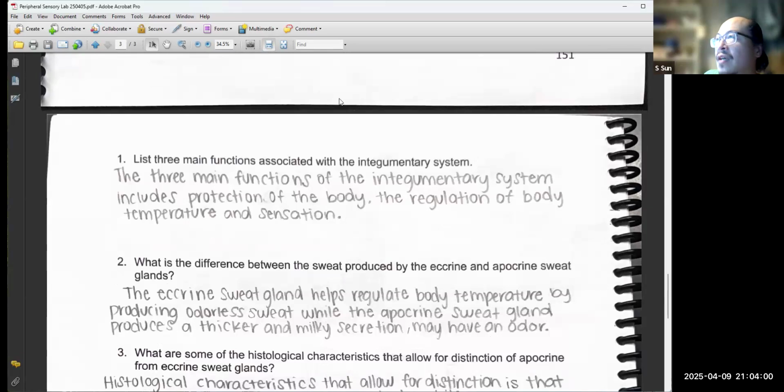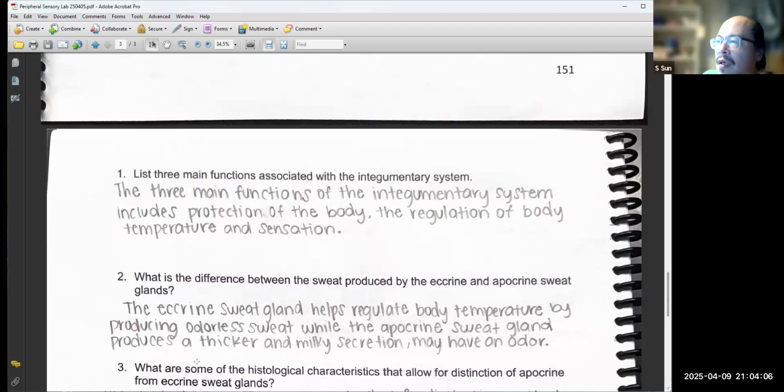Now, what are the histological characteristics that allow for distinction of apocrine from eccrine sweat gland? Let me see if I can just move it a little bit so you don't see the answer. I would say that eccrine sweat glands directly lead to the surface of the skin by a sweat pore.